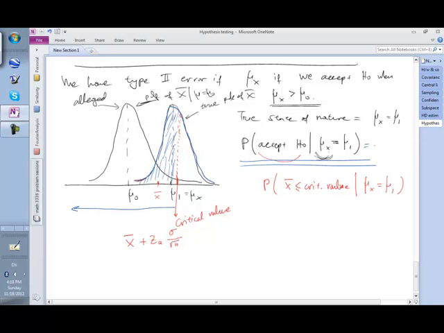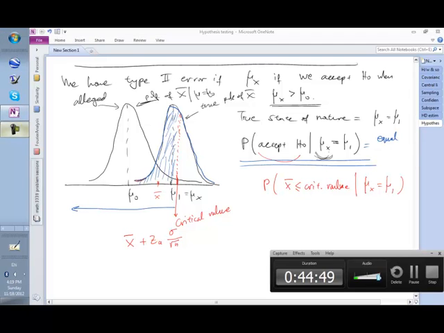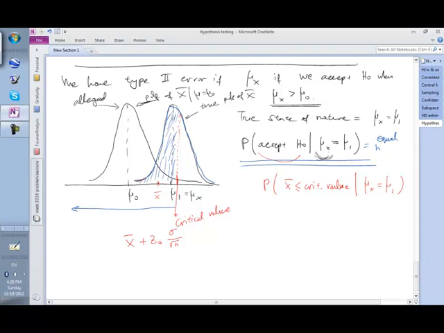So that probability is equal to the blue area that I showed. And this is actually, I would call then, the notation that I will use is beta, and I will put in parentheses mu sub 1. And as you see, it's a big error.